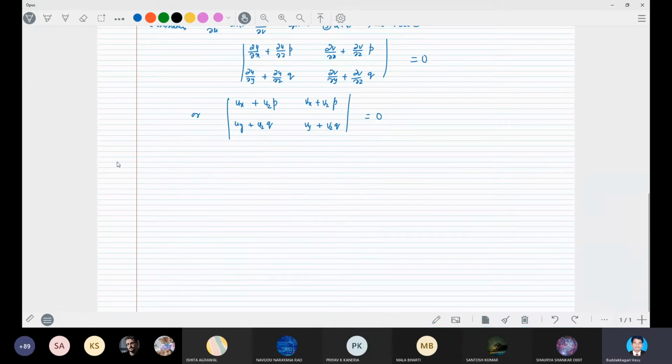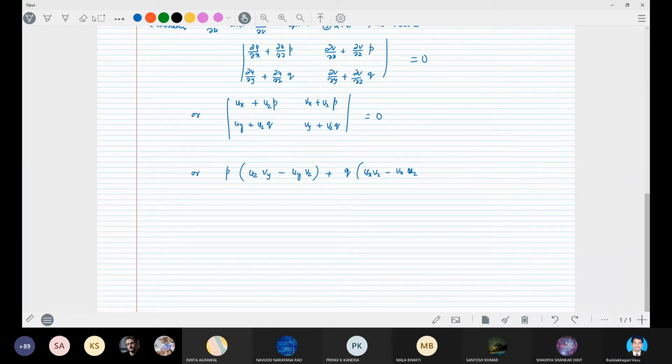Or you may find out their determinant and rearranging that you will get p times uz into vy minus uy into vz, plus q times ux vz minus vx uz.